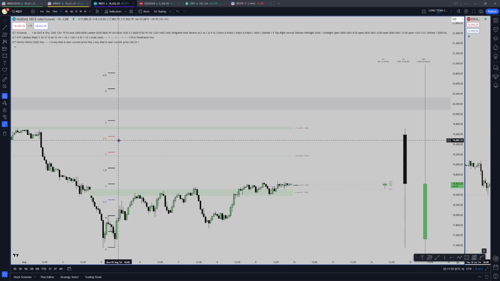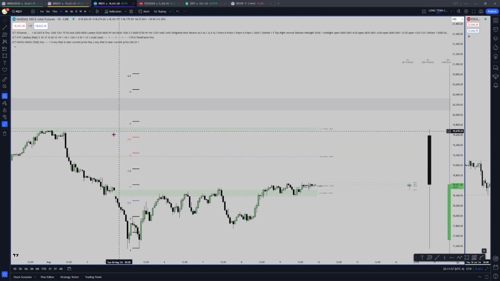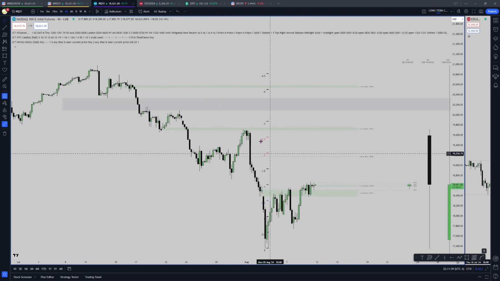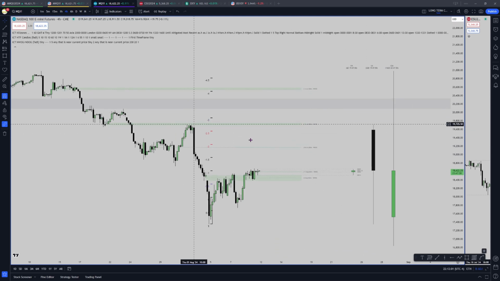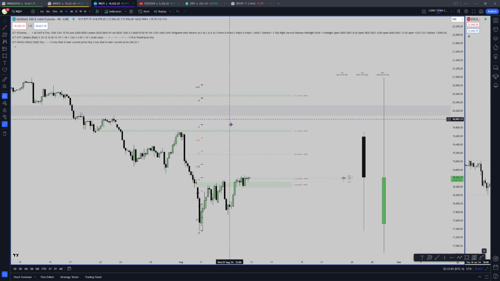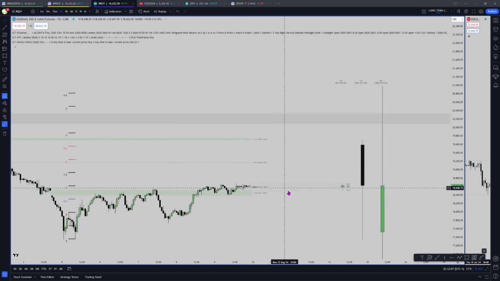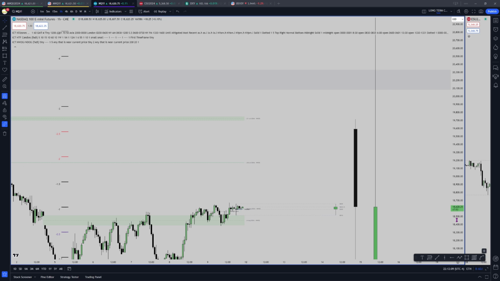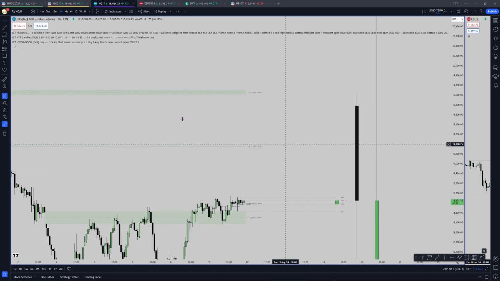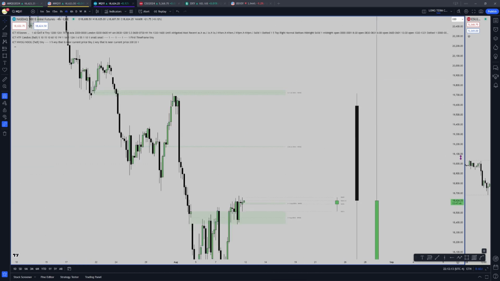You can see if we manage to displace through this 4 hour gap, at most I would like to see this weekly fair value gap. But I wouldn't be surprised if we saw new all-time highs. This market's just weird. But I'm more leaning towards bullishness this week.